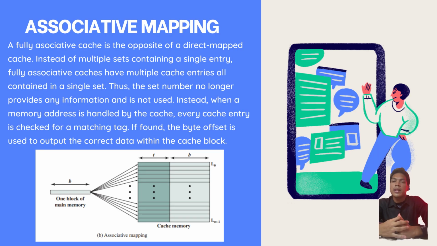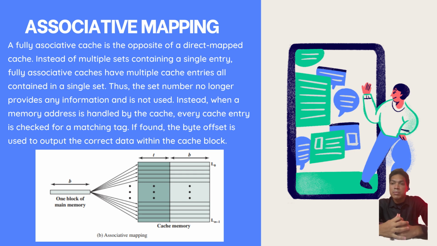So, next, associative mapping. Associative mapping is a fully associative cache. It is the opposite of a direct map cache. Instead of multiple sets containing a single entry, a fully associative cache has multiple cache entries all contained in a single set.